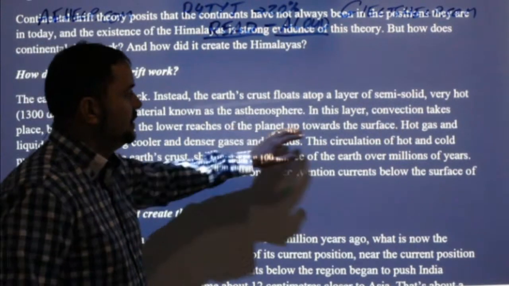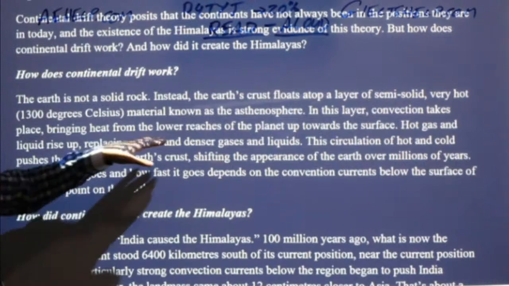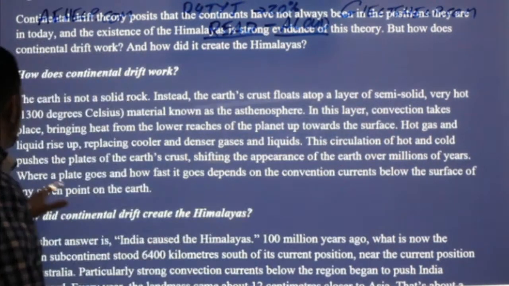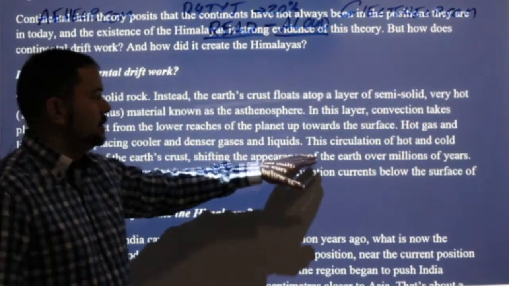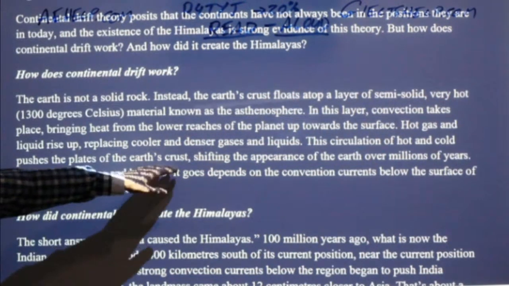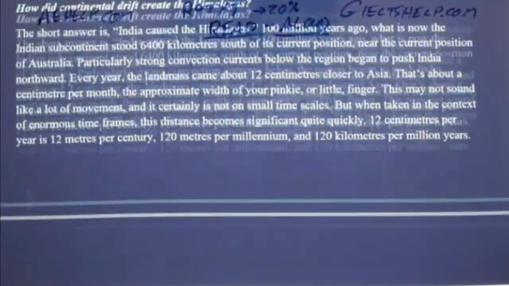So asthenosphere: in this layer, convection takes place, bringing heat from the lower reaches of the planet up towards the surface. Hot gas and liquid rise up, replacing cooler and denser gases and liquids. This circulation of hot and cold pushes the Earth's crust, shifting the appearance. So what is this process called? You should have the answer now.